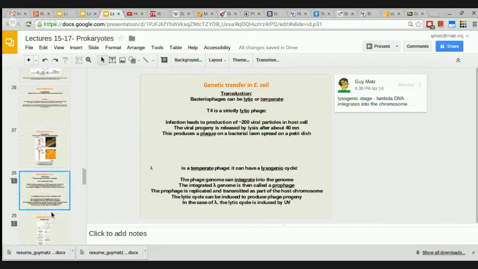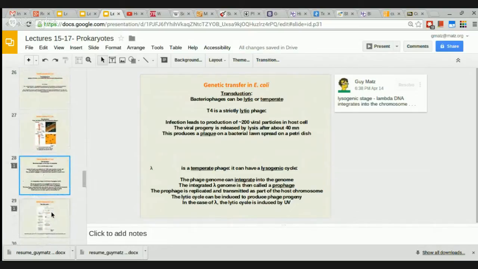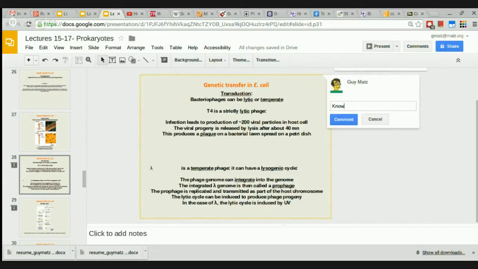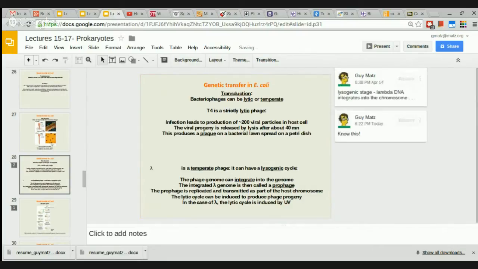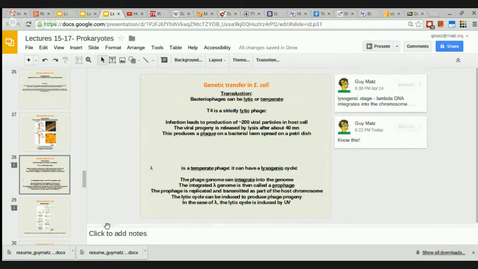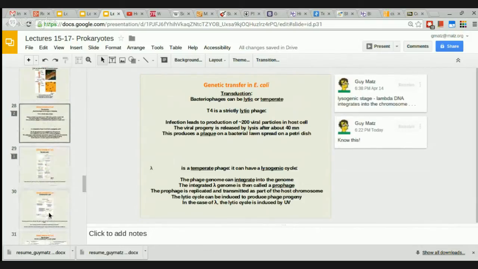This is an important slide. Now that I skipped this, you need to know T4 and lambda, and you need to know these particular features. Lambda is a temperate phage that can have a lysogenic cycle, and T4 is a strictly lytic phage. Do you want me to explain what lytic and lysogenic is?